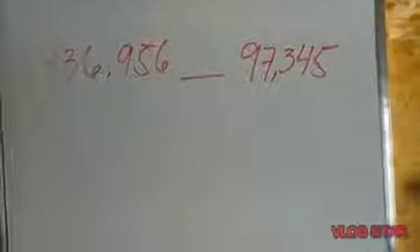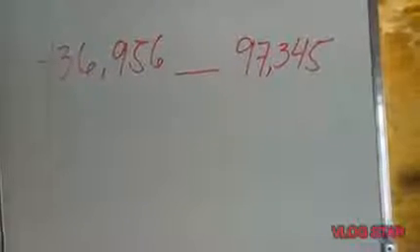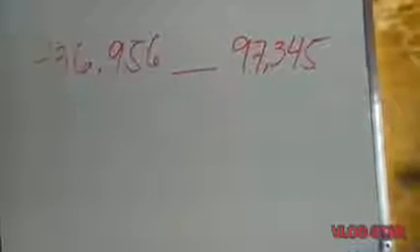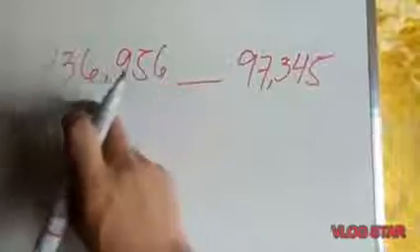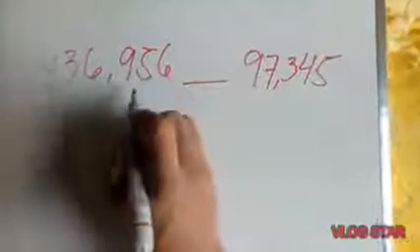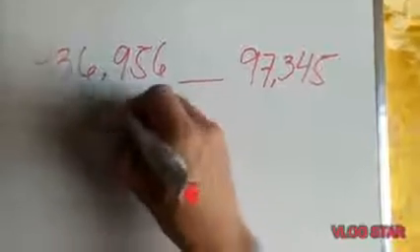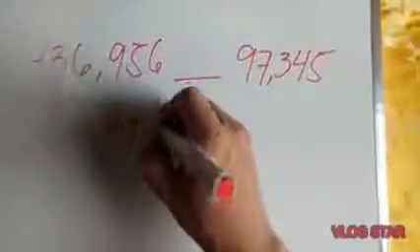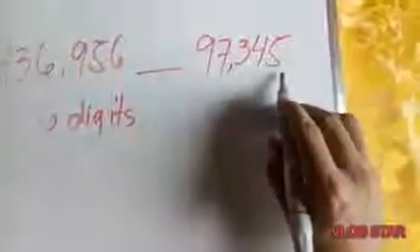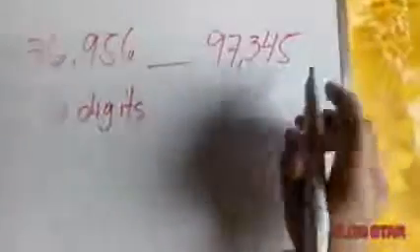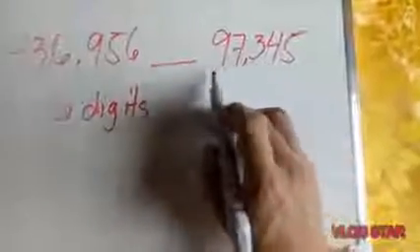Another way of comparing numbers: if a whole number has more digits than another, the number with more digits is greater than. So let's count how many digits are there in this number. 1, 2, 3, 4, 5, 6. So there are 6 digits. Next, how many digits are there in this number? 1, 2, 3, 4, 5.